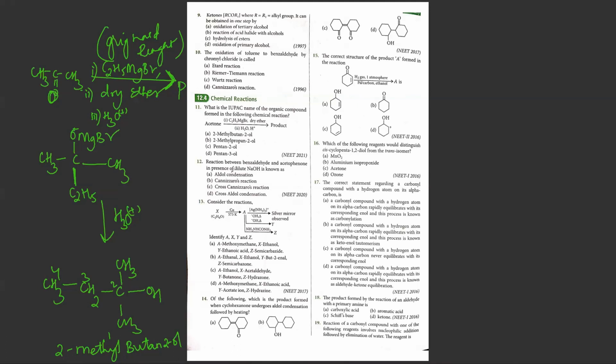So the correct answer is A. Acetone reacts with the Grignard reagent. At your oxygen, the MgBr group will be added and to your carbon, the ethyl group will be added. So when it undergoes hydrolysis, it forms CH3, CH2, C, CH3, CH3, OH. So it is 2-methylbutan-2-ol. I hope this is clear. So we'll go for the next one.